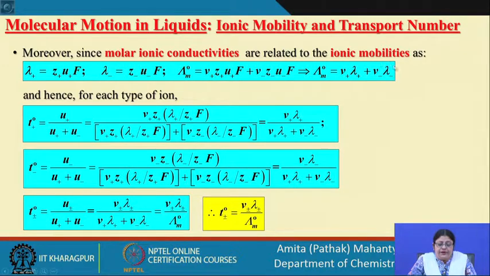Okay. So, if I can replace this, in terms of the mobilities, we have the expression of the transport number. Now, instead of the u, if I replace that, you can see u here is lambda by ZF for the positive ion.